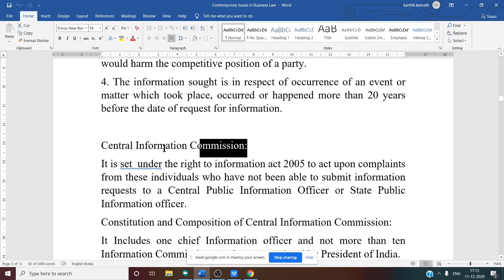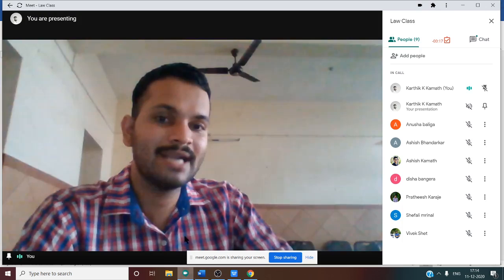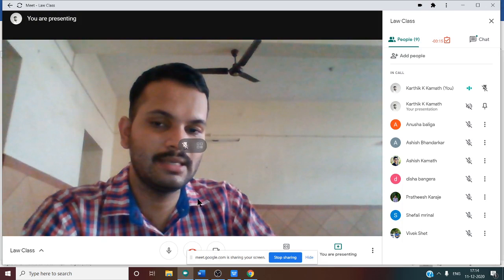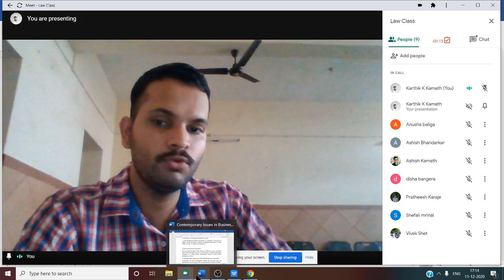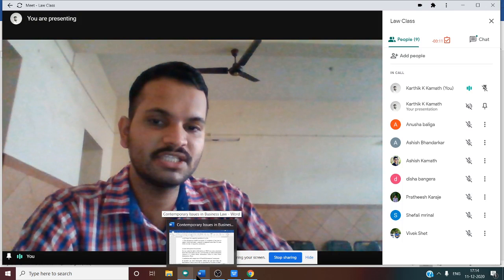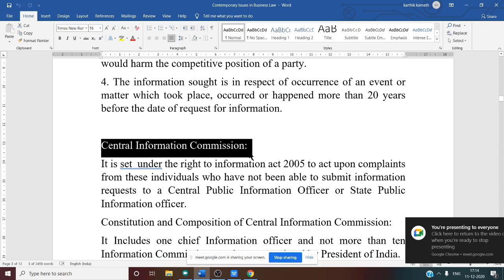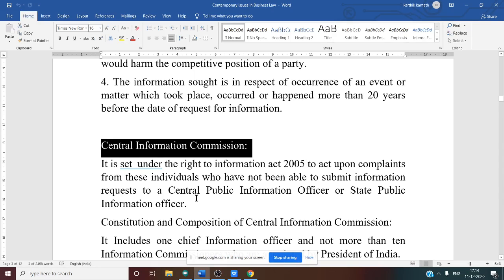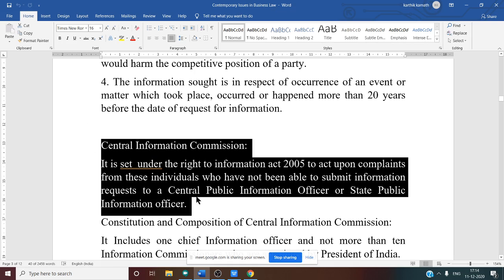Then there is one commission, the Central Information Commission. It acts as a grievance redressal committee. If your application gets rejected, you can file a complaint in this commission. This commission reviews all the matters: why your application was rejected, or what is the reason for not giving the information by the specified authority.